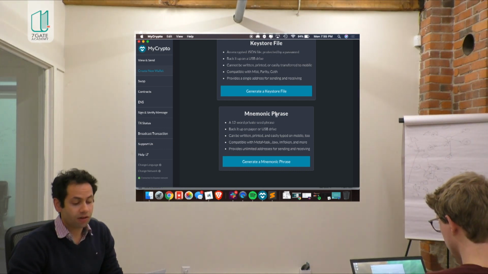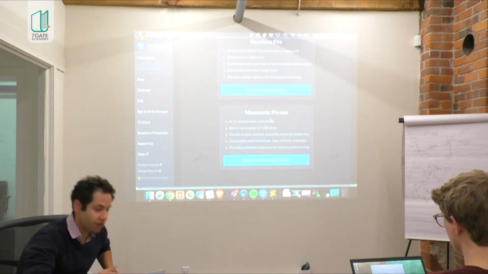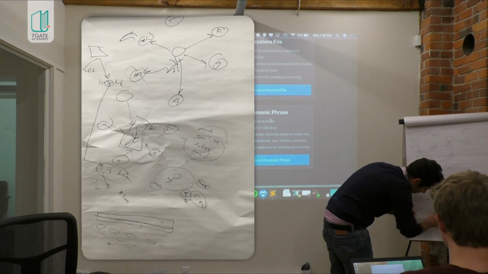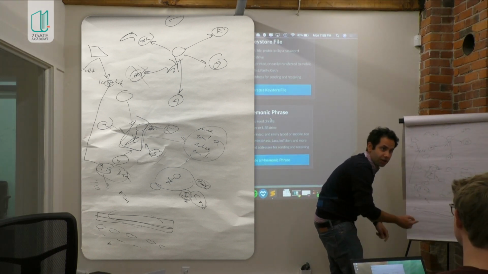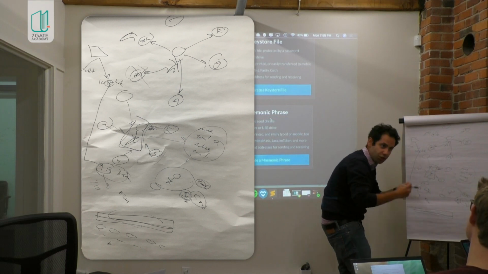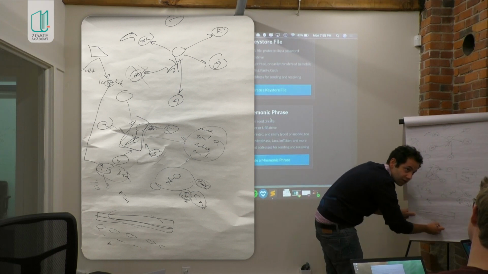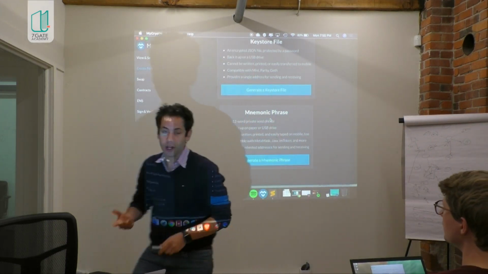So that is 12 words that translate to the private key. The private key is this string here, but a lot of people cannot remember that. So think of it as a function: there are 12 unique words generated for you, and they go through the function and generate this, right? So it's just a different way of representing it.